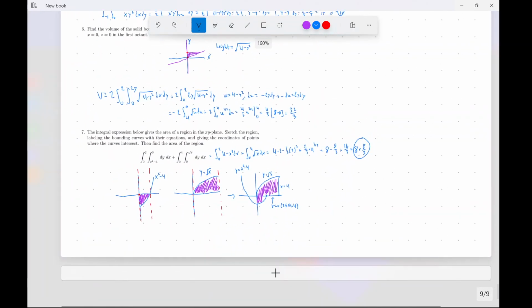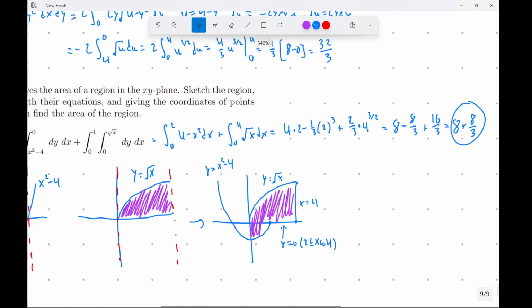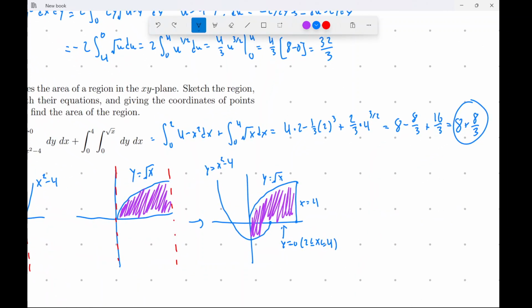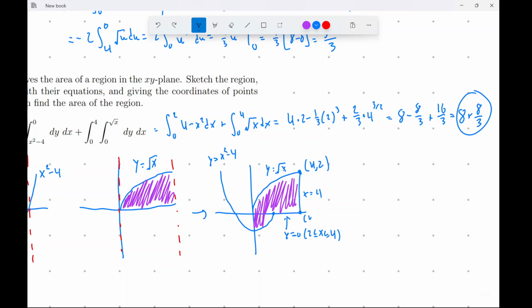Okay. So that's that problem. Oh, I need to label the vertices. Okay. This one is, let's see, x is 4, and so y is 2, plugging into that equation. Here, x is 4, y is 0. Here, x is 0, y is -4.